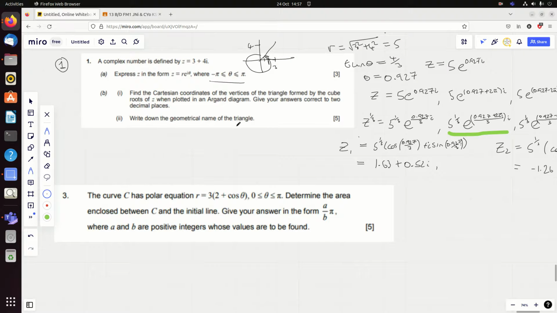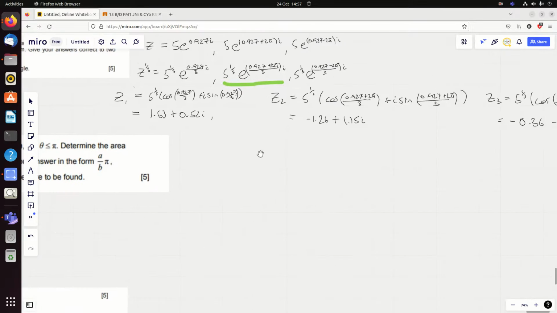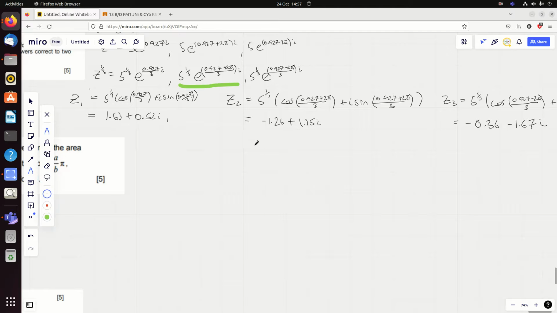Write down the name of the triangle. It's an equilateral triangle. And that's going to be the case whenever you find the nth roots of a number, real or complex, as long as it's just a number on its own and not a polynomial.